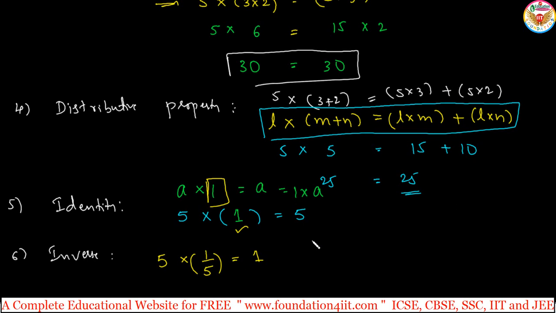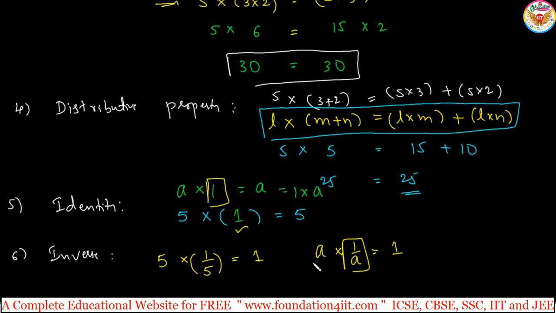That is the inverse. What number, if you multiply, gives the identity, that is the inverse. For any integer a, its multiplicative inverse will be 1 by a, so that a into 1 by a is equal to 1. So 1 by a is the multiplicative inverse.